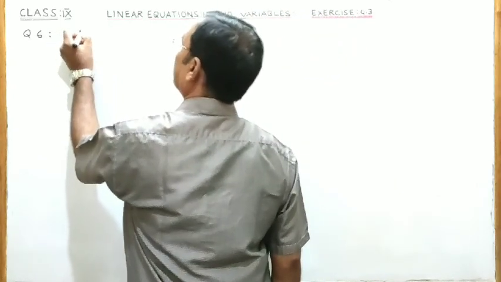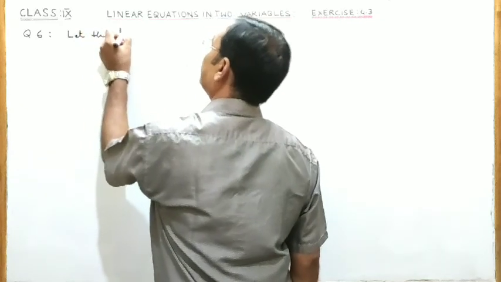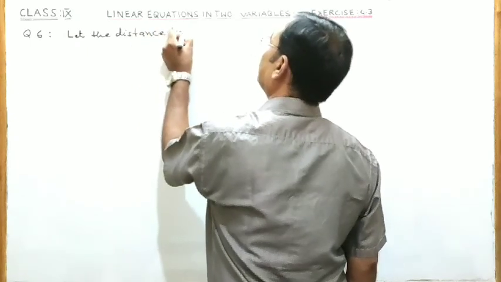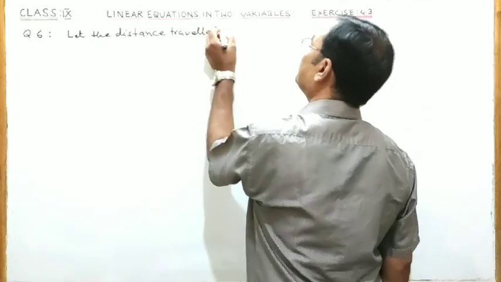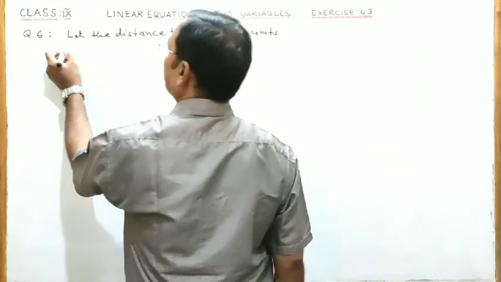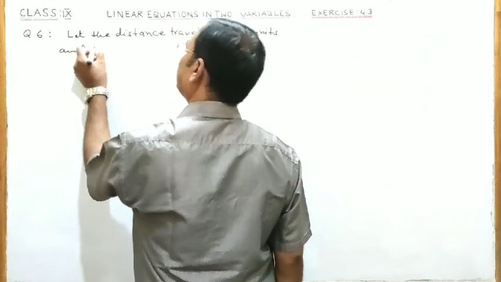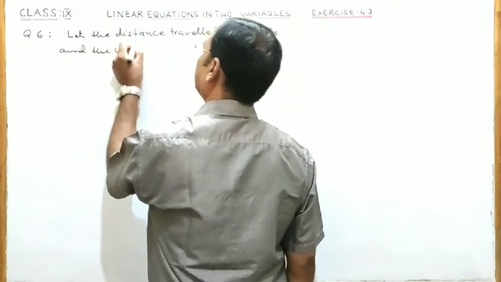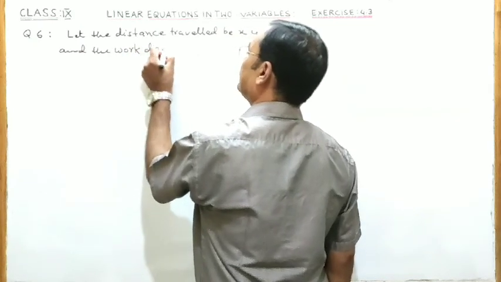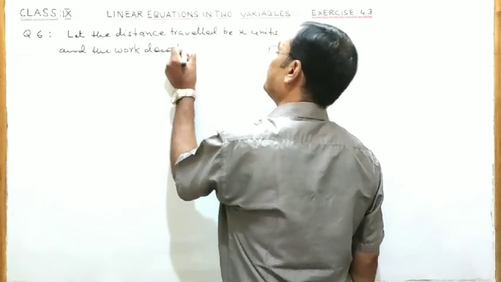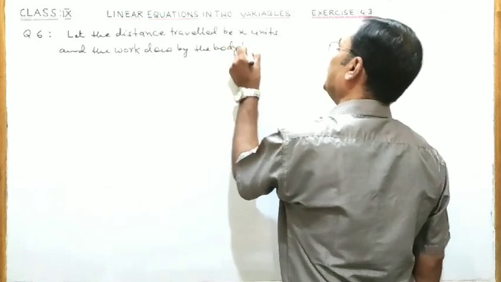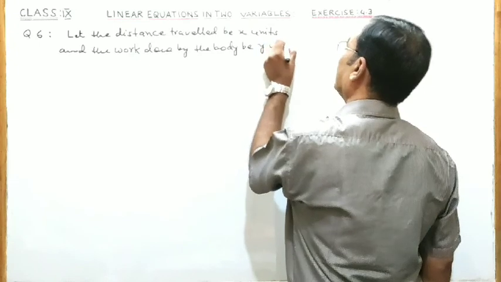So let the distance travelled be x units and the work done by the body be y units.